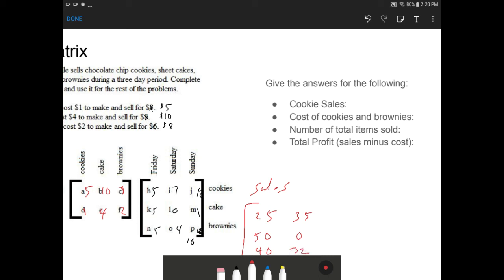Then the next day it was 60, did I say 12? Yeah. 60 in cookies, 10 in cakes, and 80 in brownies.